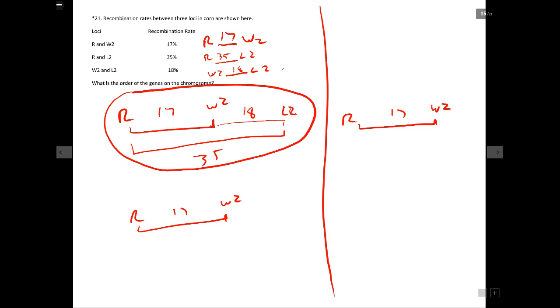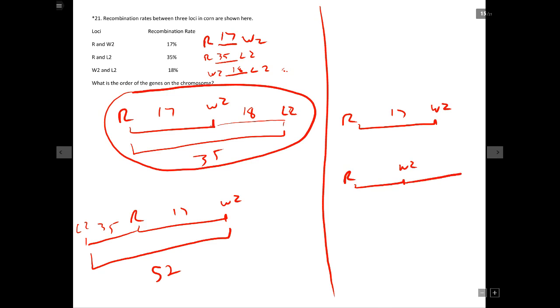But another possibility is that R W2 is 17, R L2 is 35, but then L2 and W2 would be 52. So they'd be really far apart, and we would expect this number to be like 50%. So our better map is R, W2, L2 with distances like this. That would be our most consistent map.